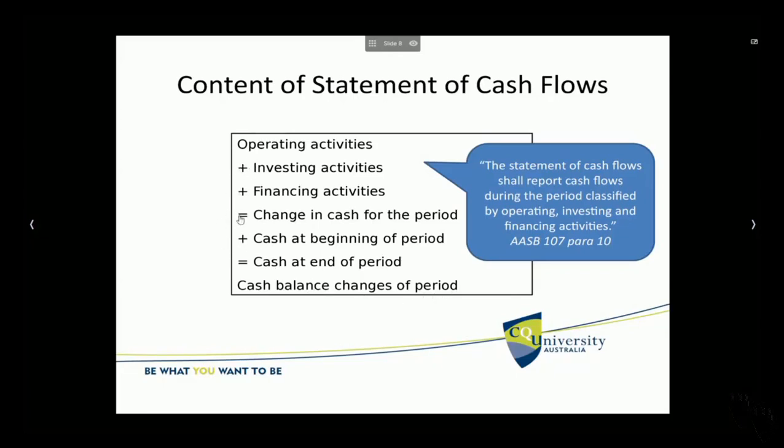The statement of cash flows sheds light on the question, how did our firm's cash balance change or move from its opening balance to its closing balance? And it shows us with the cash flows divided into these three activities. It also provides insights into the implications this might have for our firm's future cash position.